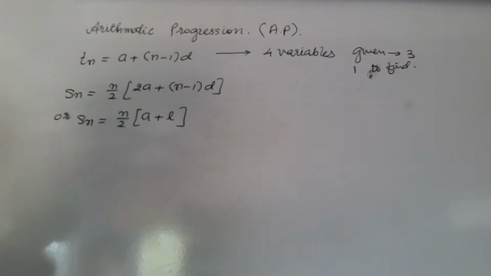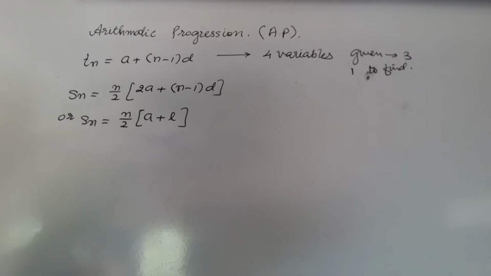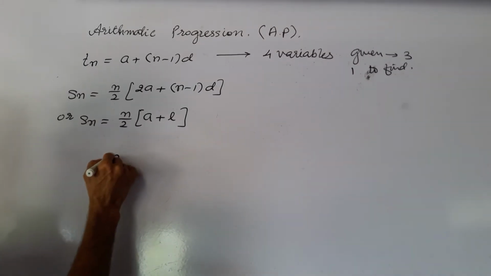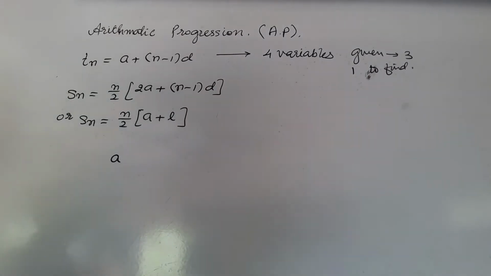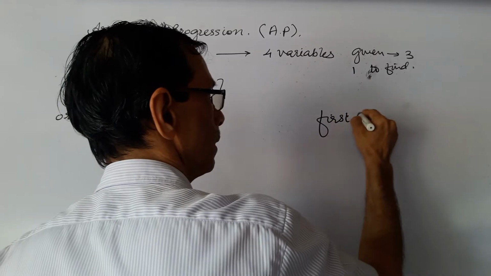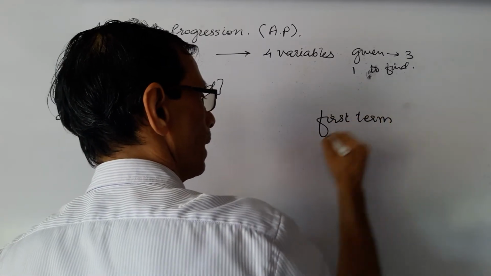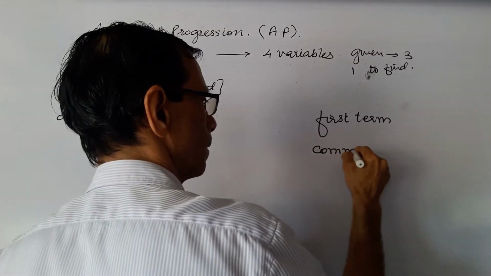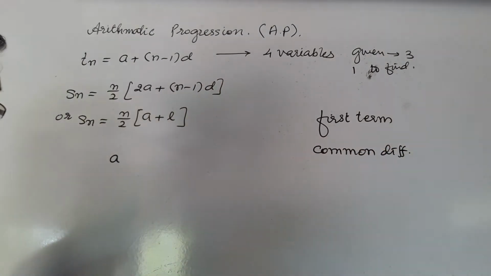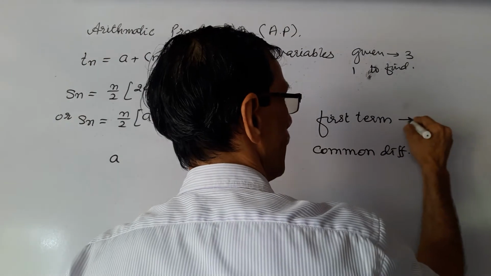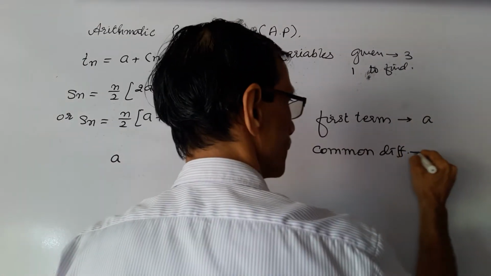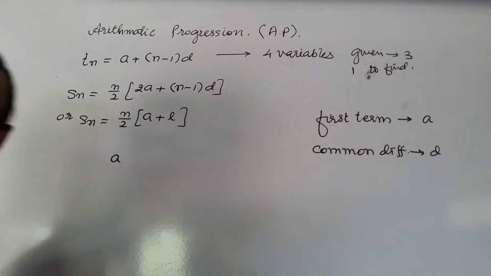Okay, before that, let's once again revise the arithmetic progression. In arithmetic progression, you will be given the first term and common difference. Whatever the first term, let us suppose it be A. A is the first term, and D is the common difference.